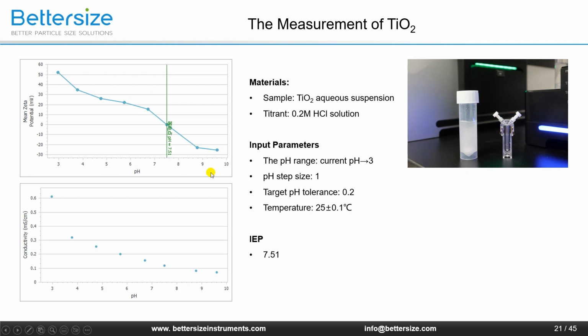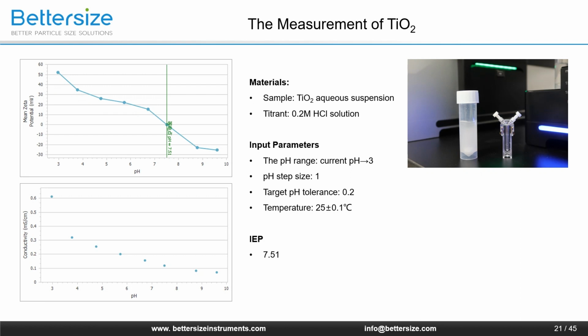We can see the original pH of the dispersion is around 9.6, and the zeta potential is around minus 25 mV. With the decrease in pH, it reaches the IEP at pH 7.5, and with the further decrease in pH, the zeta potential becomes positive, and the absolute value becomes greater. So this titanium dioxide dispersion has the worst stability when the pH is close to 7.5.